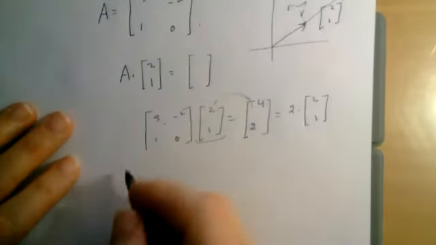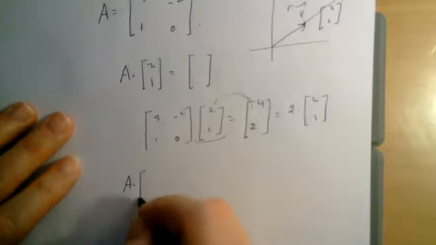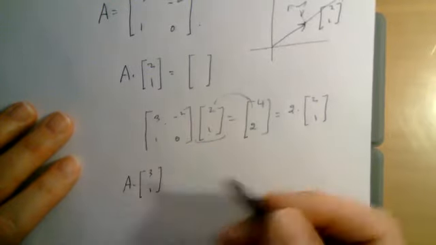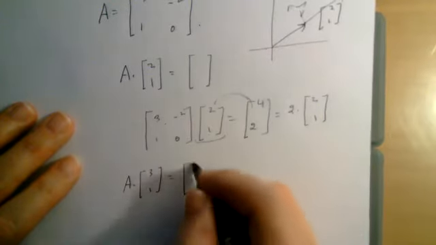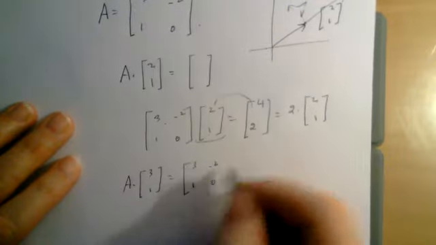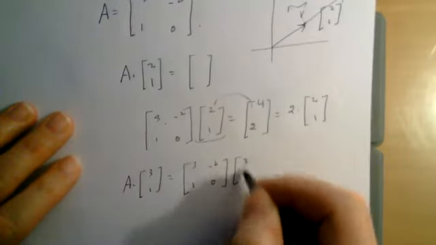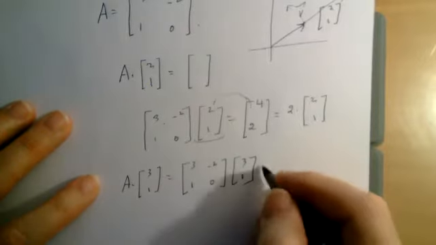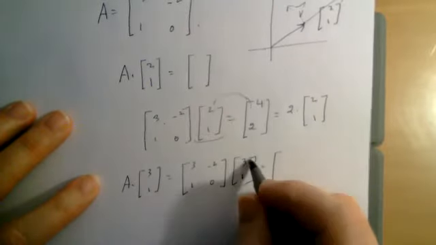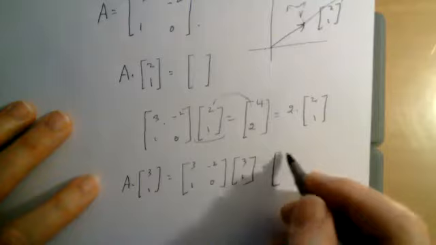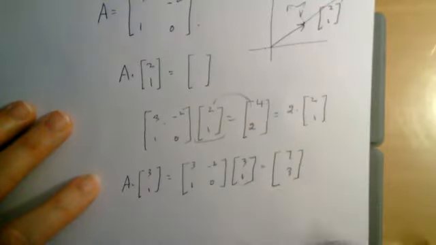So let me take another vector. I'm going to take (3, 1) and see what A does to it. I multiply it by the vector (3, 1), and I get the following: 9 minus 2, so now that's a 7, and that's the vector (7, 3).